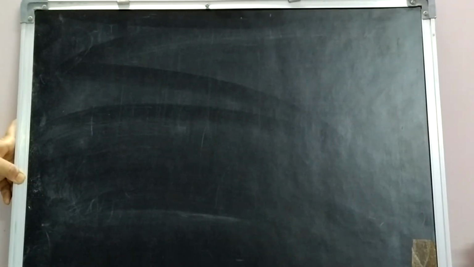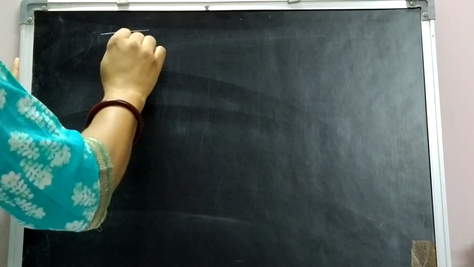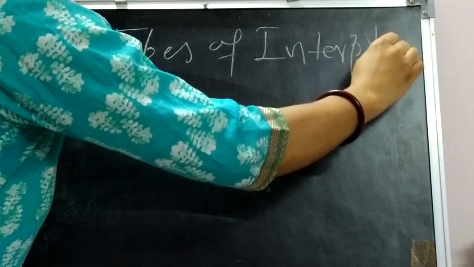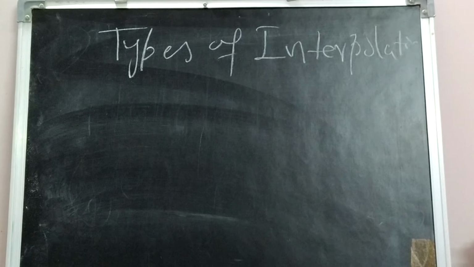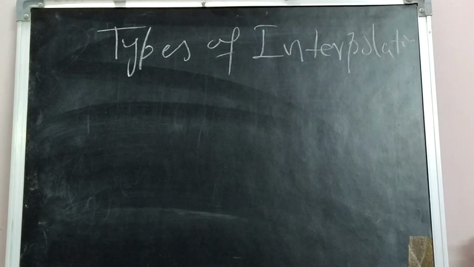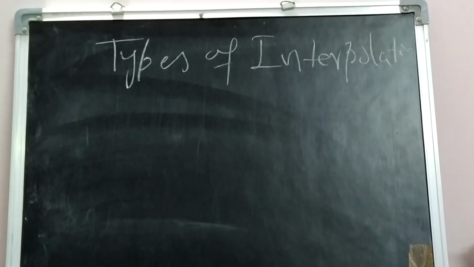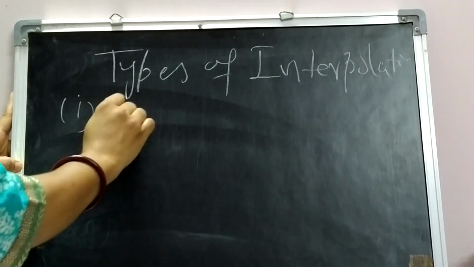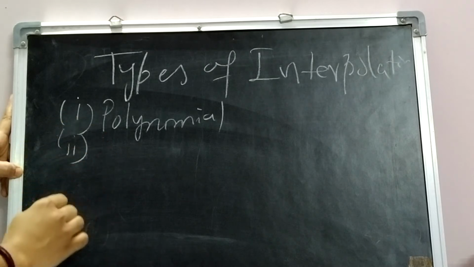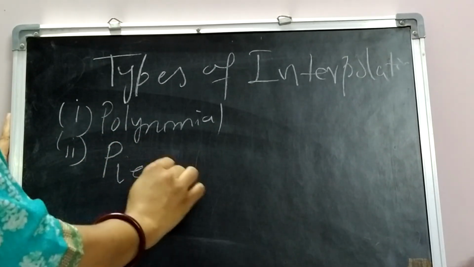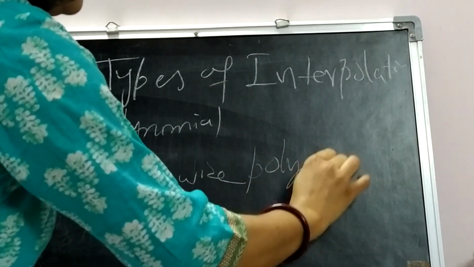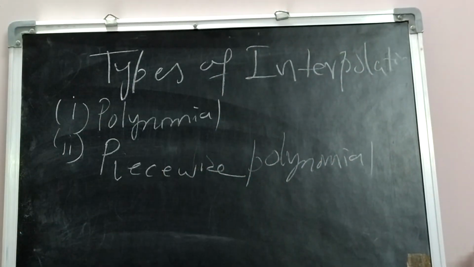Next are the types of interpolation. There are many types of interpolation depending on the class of function from which we approximate the given data. It can be polynomial interpolation. It can be piecewise polynomial, which is also called spline interpolation.